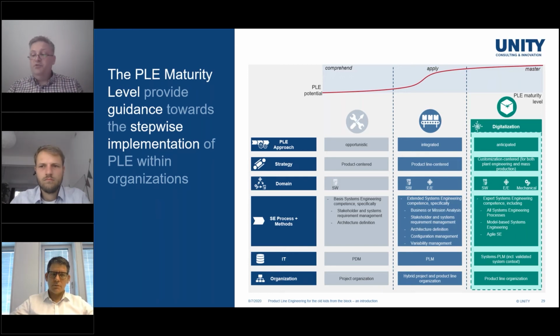So it's up to you to decide which is the right goal. Is it more about applying PLE, or do you want to establish a fully PLE-established smart mechatronic world? These are the different levels of maturity, or the steps towards that.